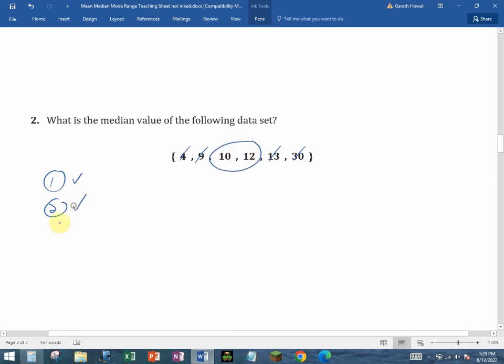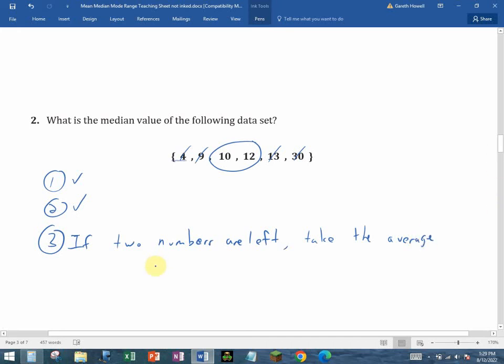Now step three in this case: if two numbers are left, take the average, just the average of the two.